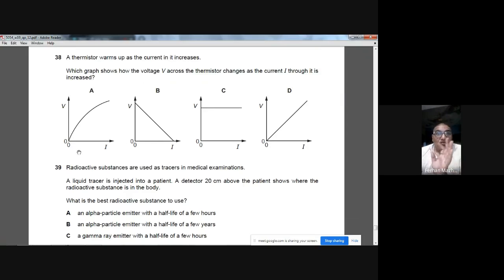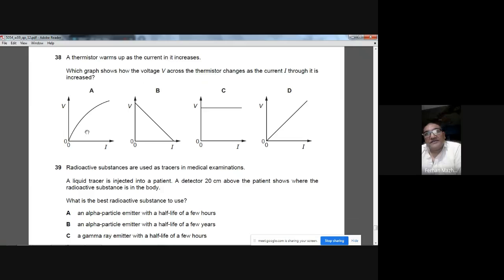Okay, so here you see, if you look at graph A, when you are increasing the current, the voltage drop is also increasing, but the rate of the increase of the voltage is not the same. So it's not a straight line.